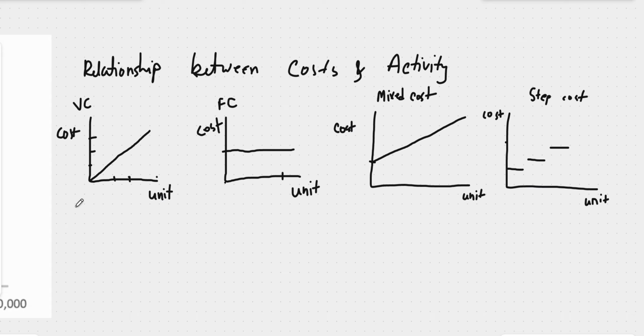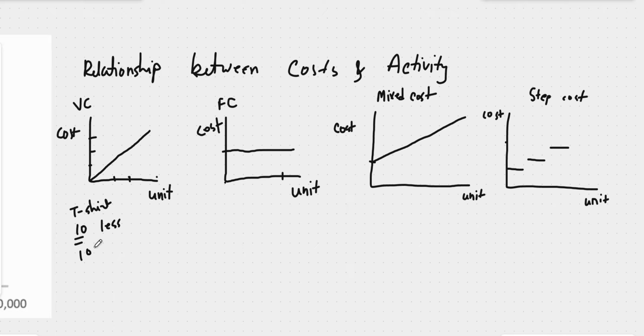All right, let's discuss the example of a variable cost, let's say the t-shirt. If you are producing 10 t-shirts, your cost is going to be comparatively less.